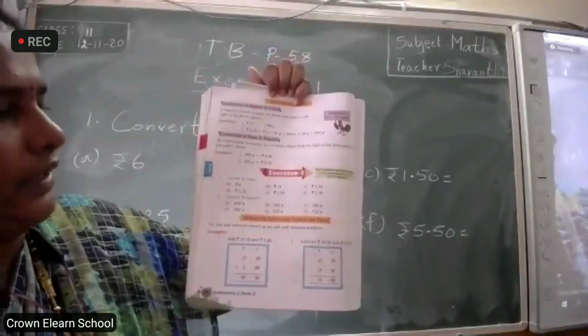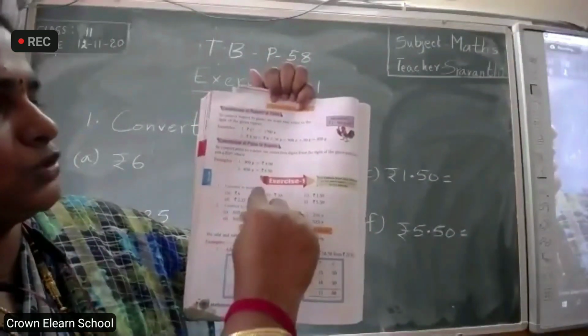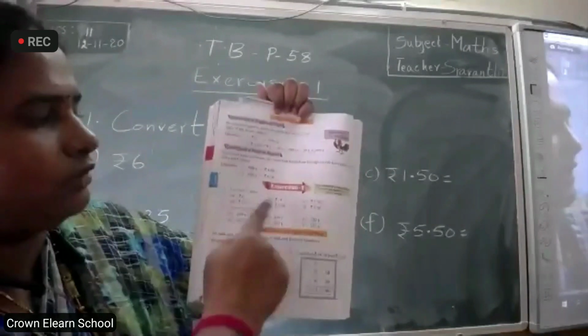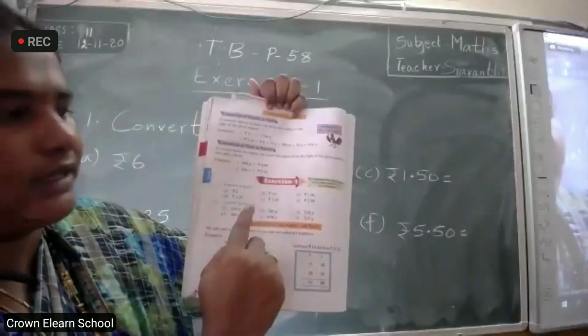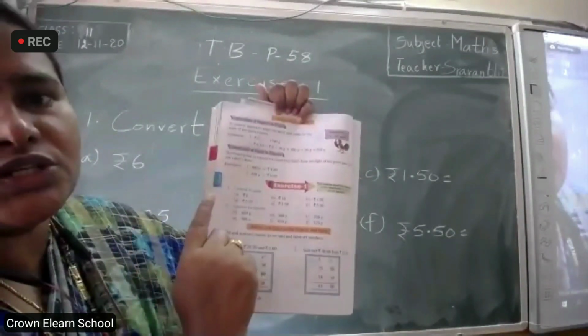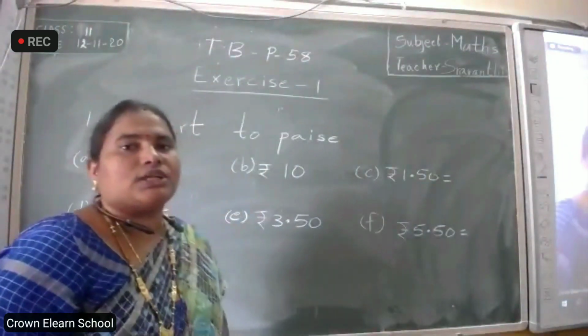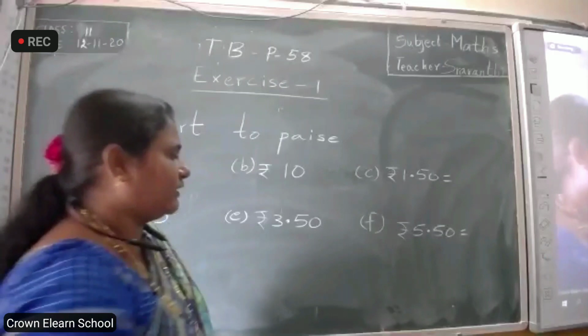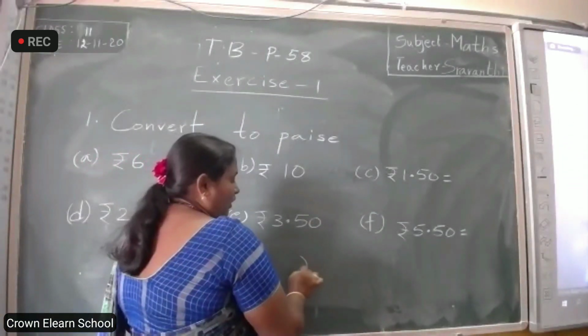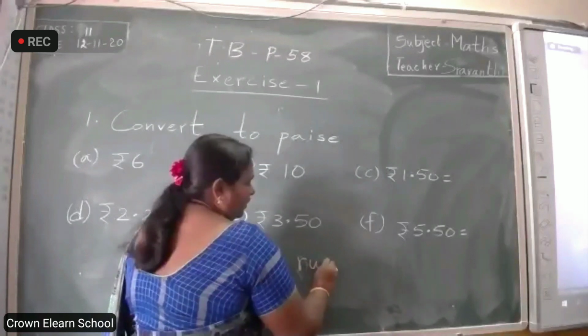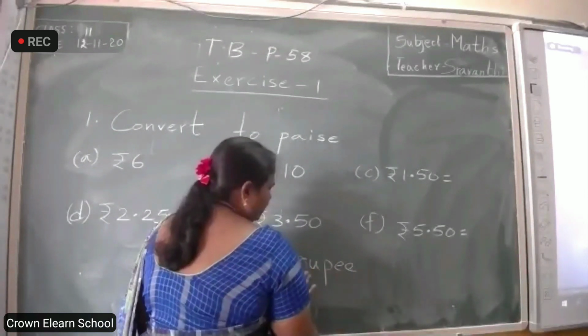Okay, already we have done these two topics in the notebook. So let us do them in the textbook. Conversion of money. We know that our Indian currency is the rupee.